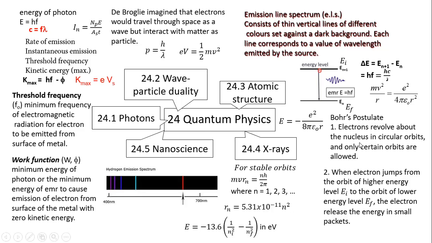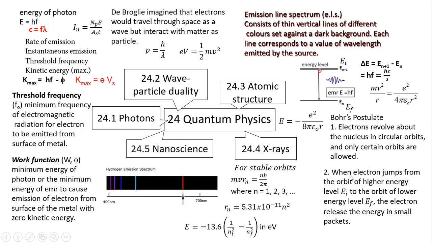That's why we have to go to Bohr's postulates. The electron moves about the nucleus in a circular orbit, and only certain orbits are permitted. The permitted orbit is given by the angular momentum, which is quantized, so it is nh over 2 pi, where n is a quantum number 1, 2, 3.